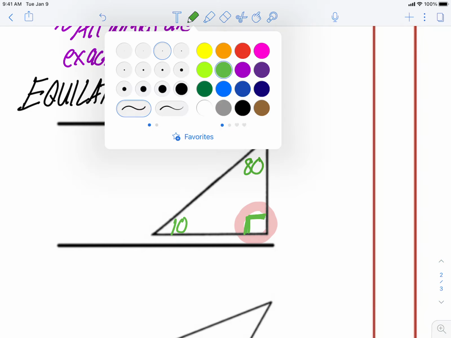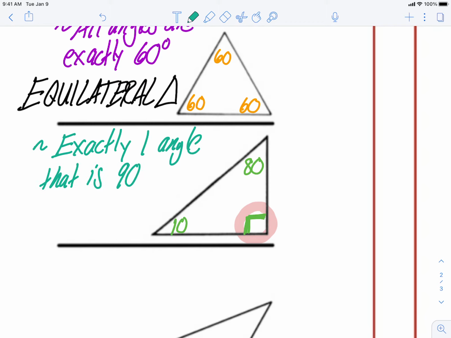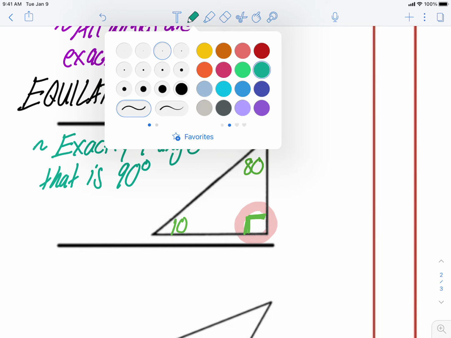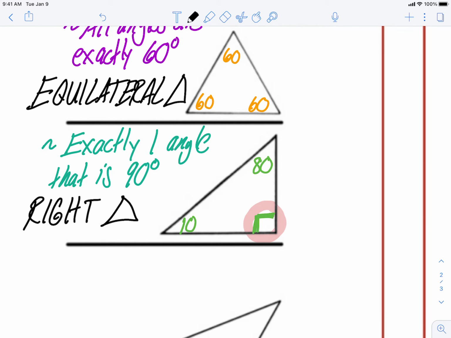So when we have exactly one angle that is 90 degrees, this is called a right triangle.